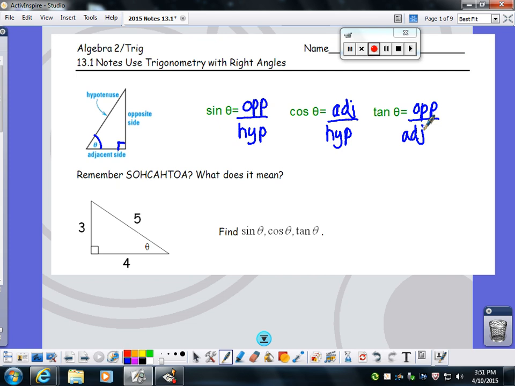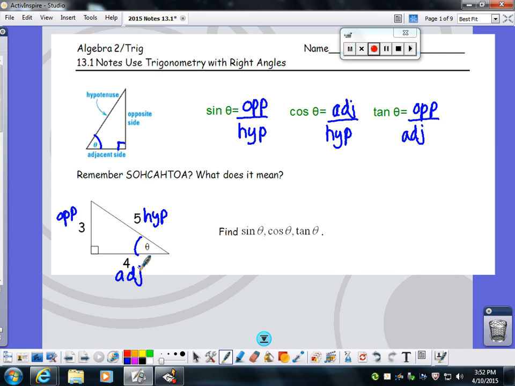Okay, so let's look at an example. We've got the 3, 4, 5 right triangle, one of your Pythagorean triples, and we want to find the sine, cosine, and tangent of theta. Our reference angle is theta. So in this case, our 5 is our hypotenuse, our 3 is opposite, and our 4 is adjacent. It's all in reference to that angle that we're looking at.